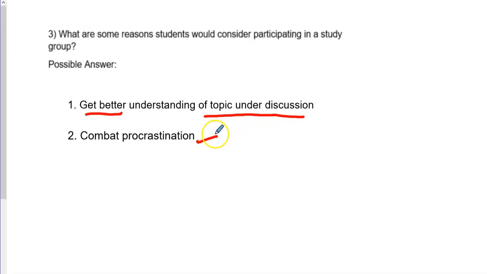And so when you know that at a set time everybody is meeting and you are coming together to learn, and people will expect you to be there and they expect you to contribute, to participate, it helps you to combat this procrastination. And at least you would read something before coming to the study group, so that you can also make some contributions.